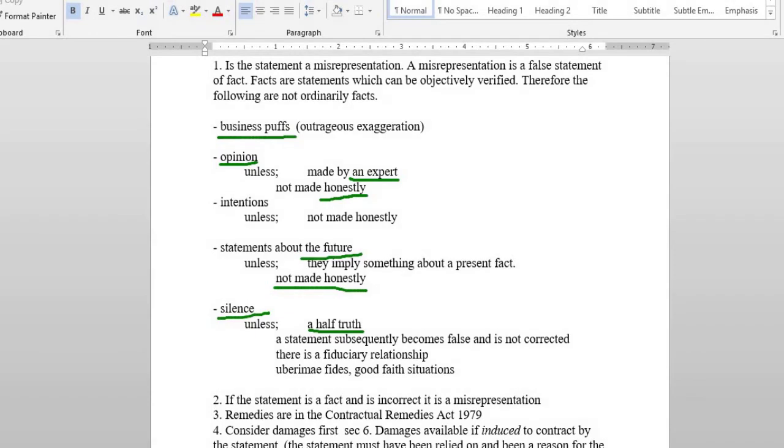Okay, we also have under silence, if you say something to somebody which was true at the time, it becomes false and is not corrected before the contract's entered, that's a misrepresentation. Fiduciary, such as agency, we talked about, and uberrima fides, for example, contracts of insurance, a special category which we don't have in our business situations other than areas such as insurance, parts of employment.